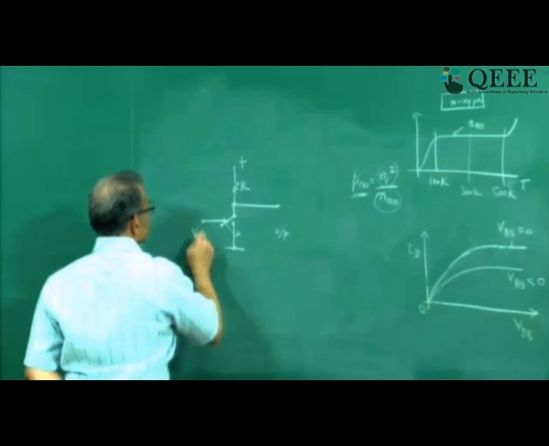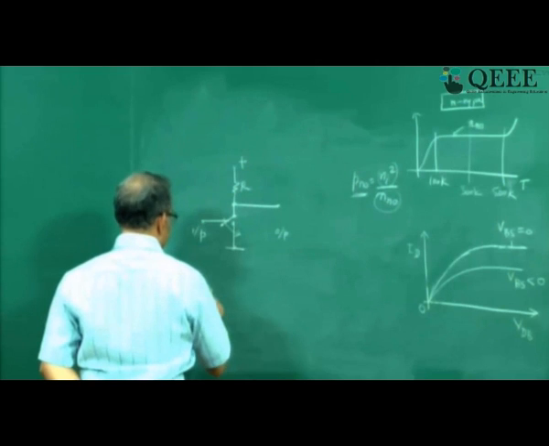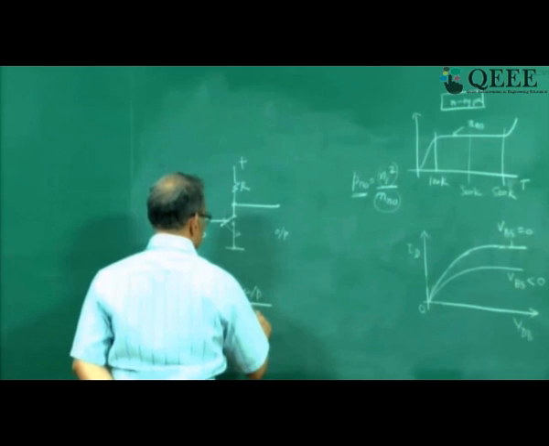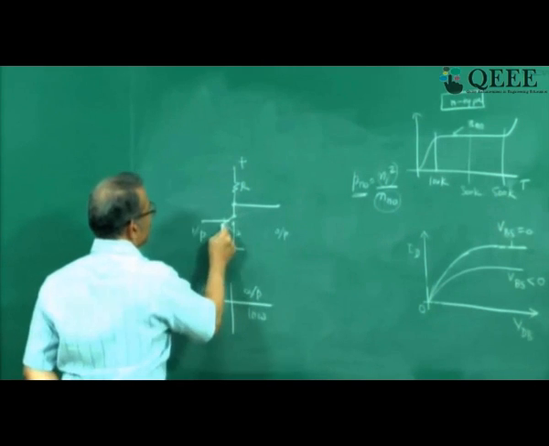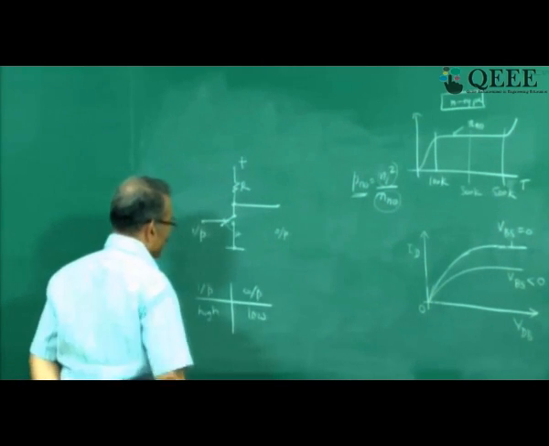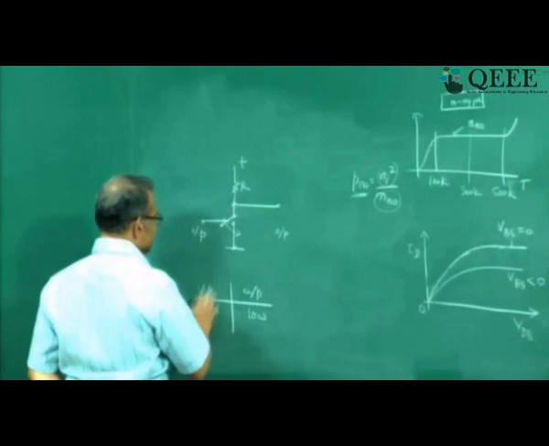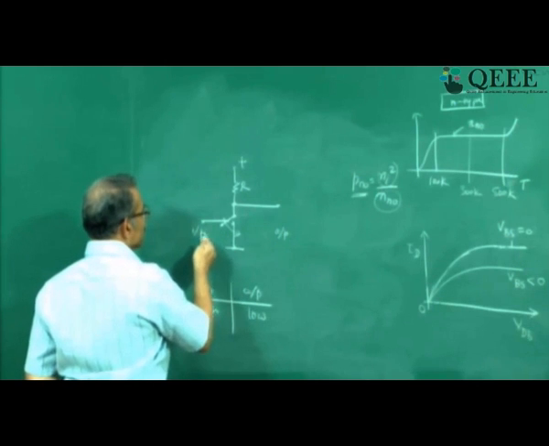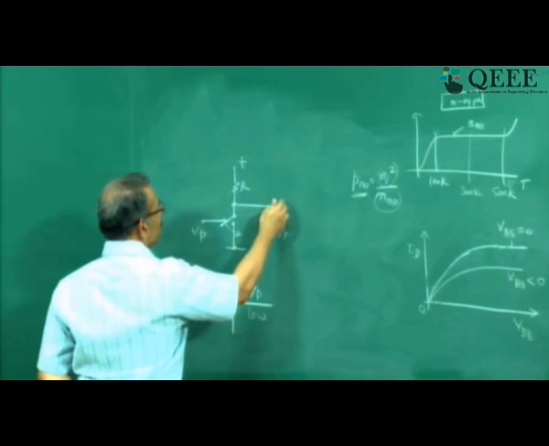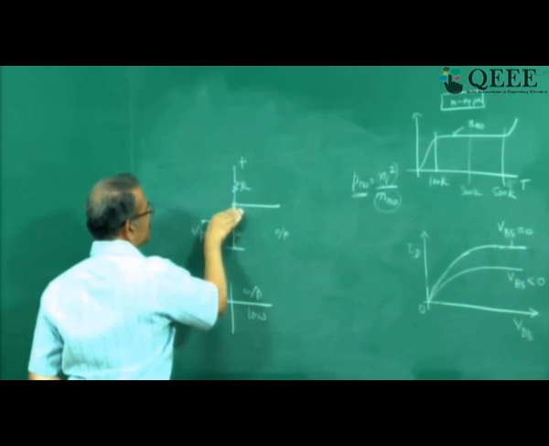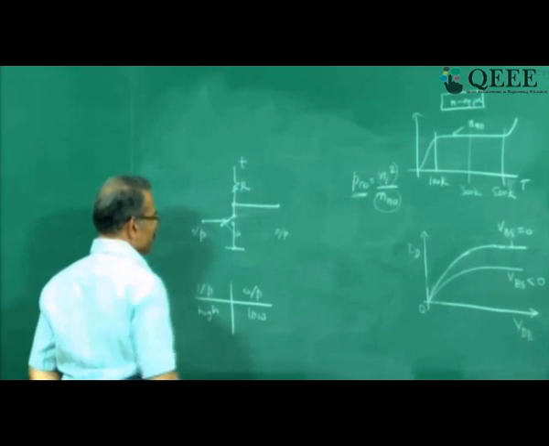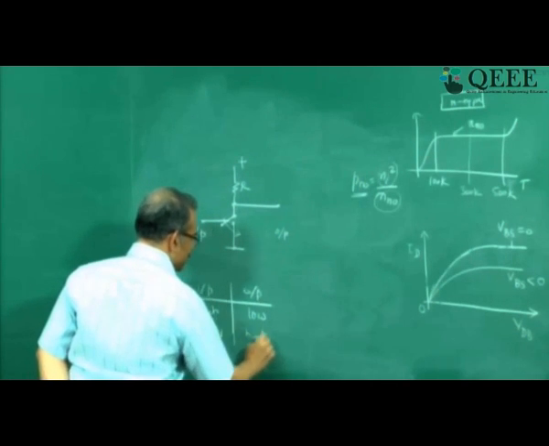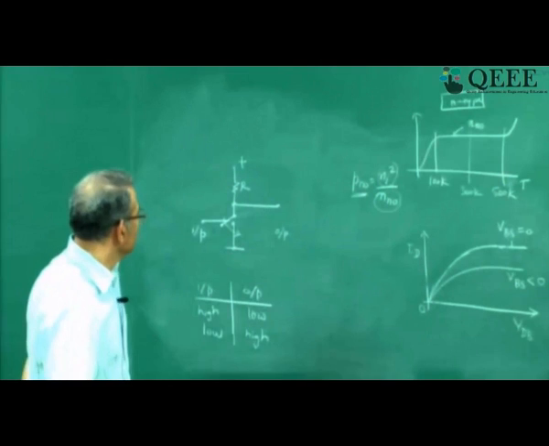So when input is high, this switch will switch on and output is low. If I have an arrangement like this, it is an inverter. If input is low, then the switch is off, and the output will go to this voltage because this is turned off. Output will be high. So input is low, output is high. This is an inverter.